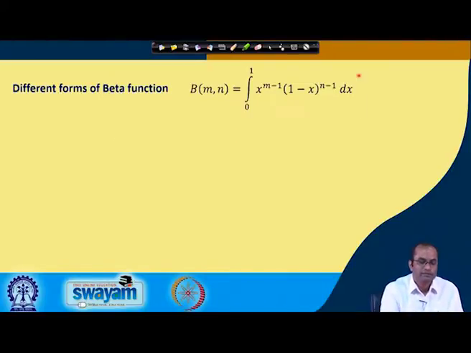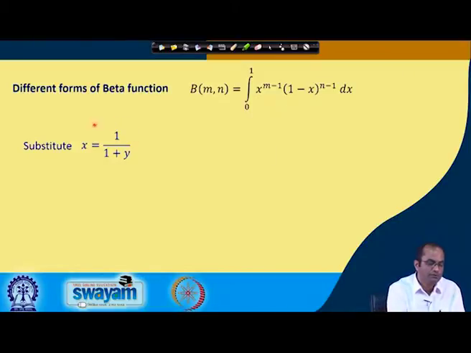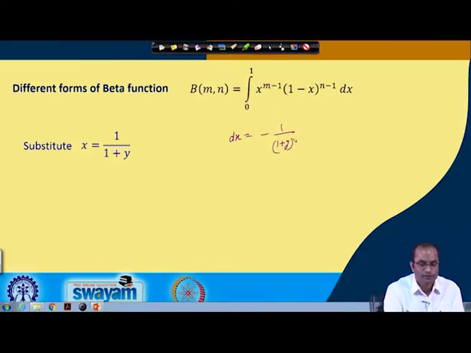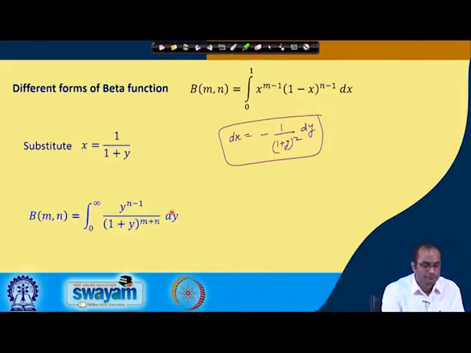So, we have this standard definition of the beta m n, and if we substitute, for example, here x is equal to 1 over 1 plus y. So, in that case your dx will become minus 1 over 1 plus y whole square and then dy. So, this will be the relation, and then this beta m n will become.